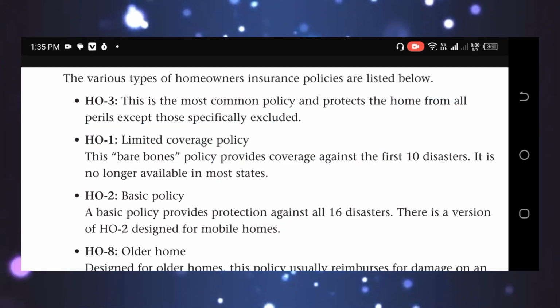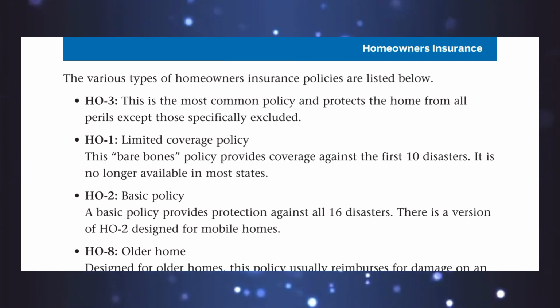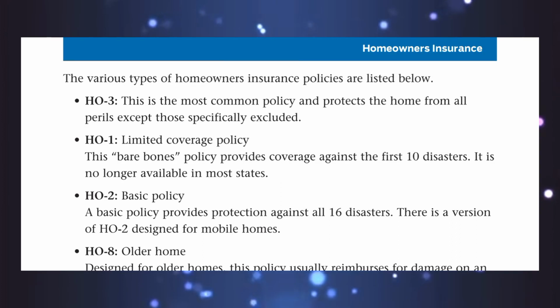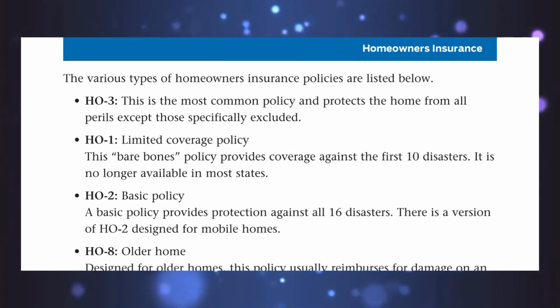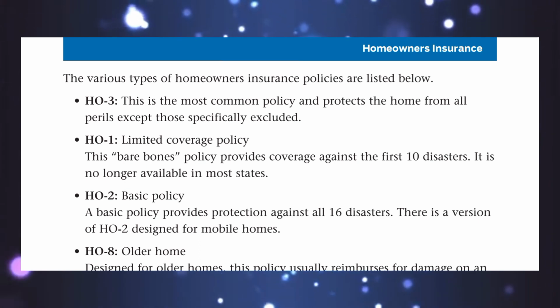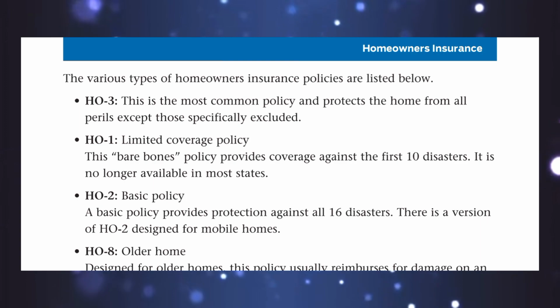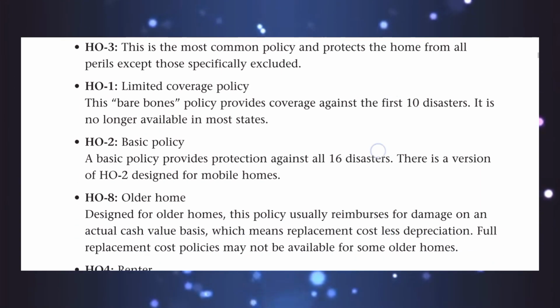This bare bones policy provides coverage against the first 10 disasters. It is no longer available in most states. HO2 Basic Policy. A basic policy provides protection against all 16 disasters. There is a version of HO2 designed for mobile homes.